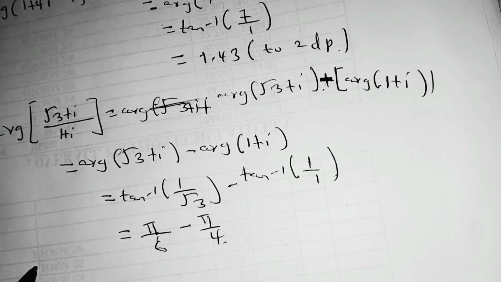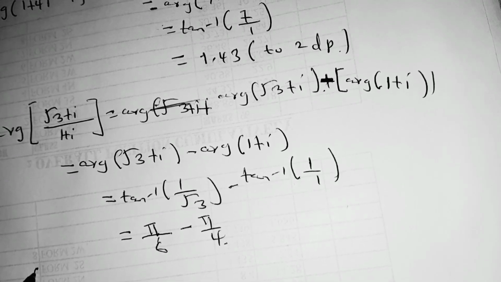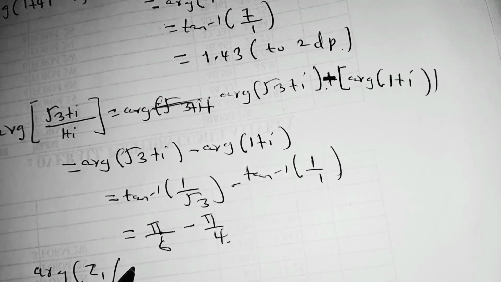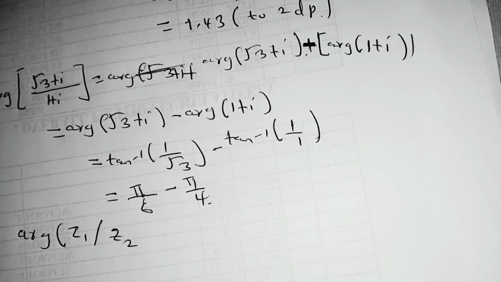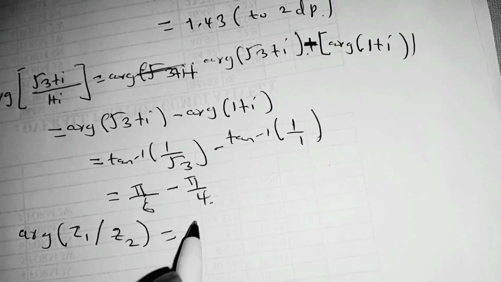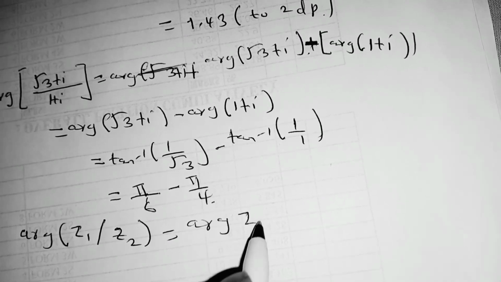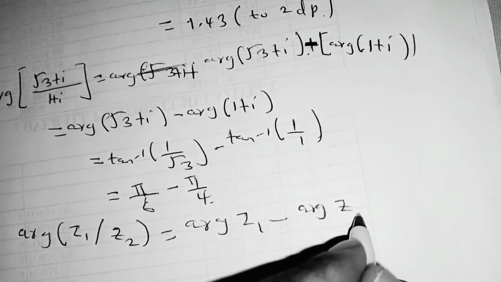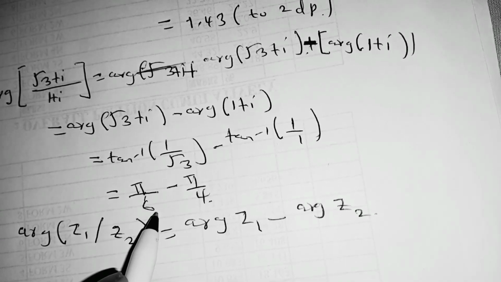Here, we have made use of this fact that when you want to get the argument of z1 divided by z2, this is the same as getting the argument of z1 minus the argument of z2. So that is the fact we have employed here.